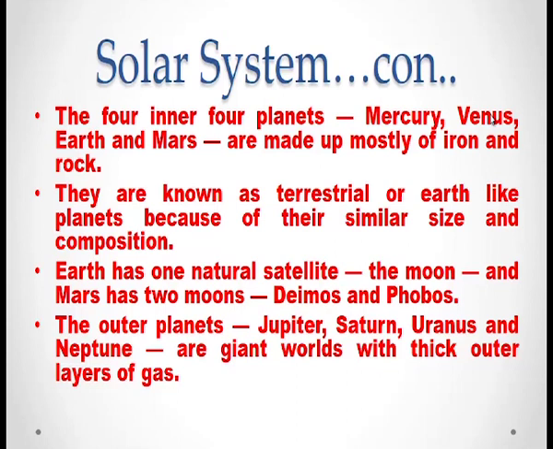The outer planets, Jupiter, Saturn, Uranus and Neptune, are giant worlds with a thick outer layer of gas. As I told earlier, 200-plus moons are there in our solar system, identified so far by NASA.